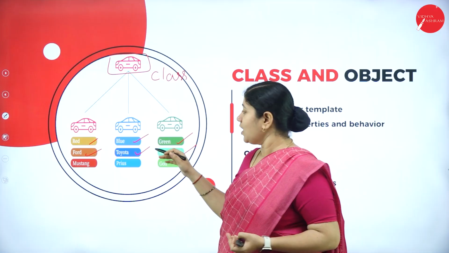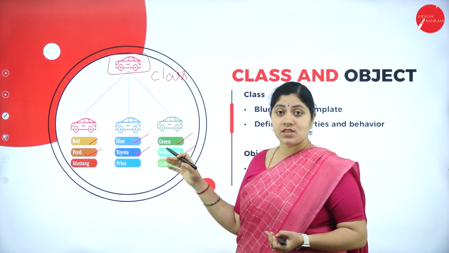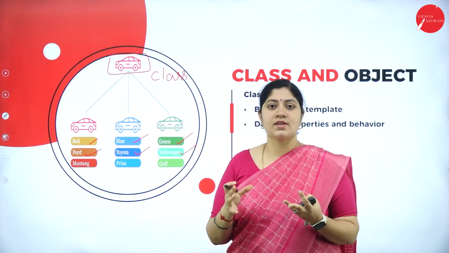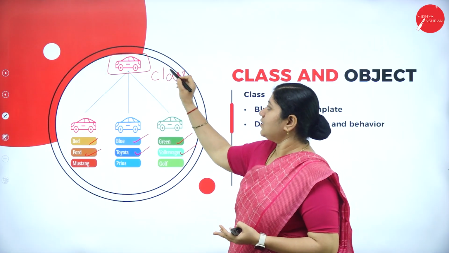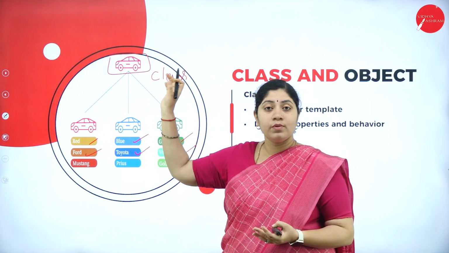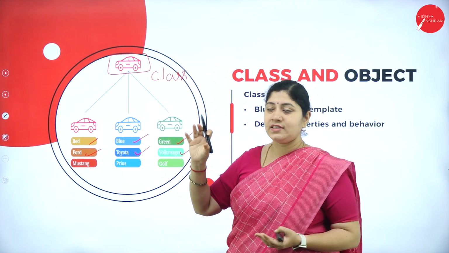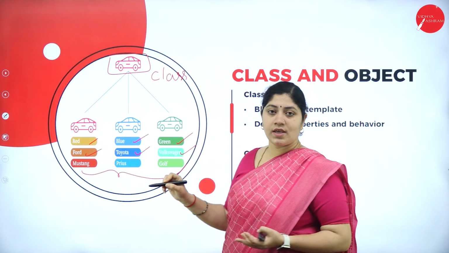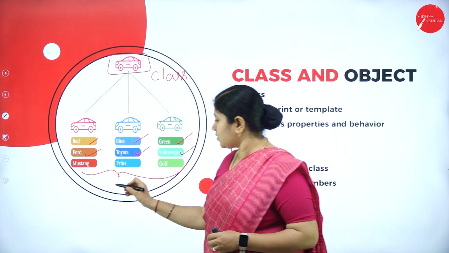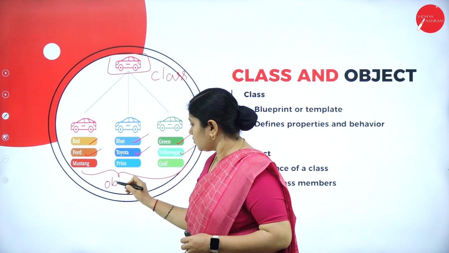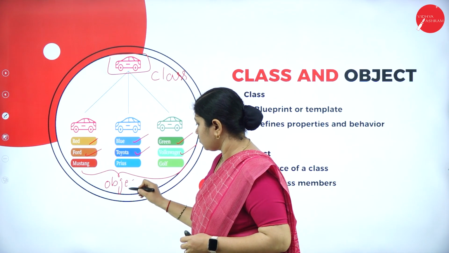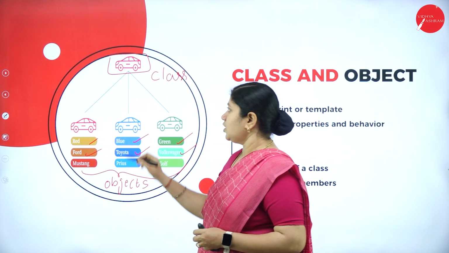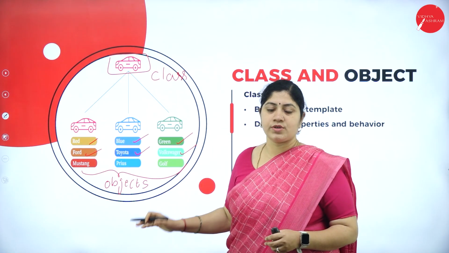In this way, the properties or the instances we create are considered as an object, and the thing or blueprint, whatever we consider, is termed as a class. And what about these things? These things are termed as objects.